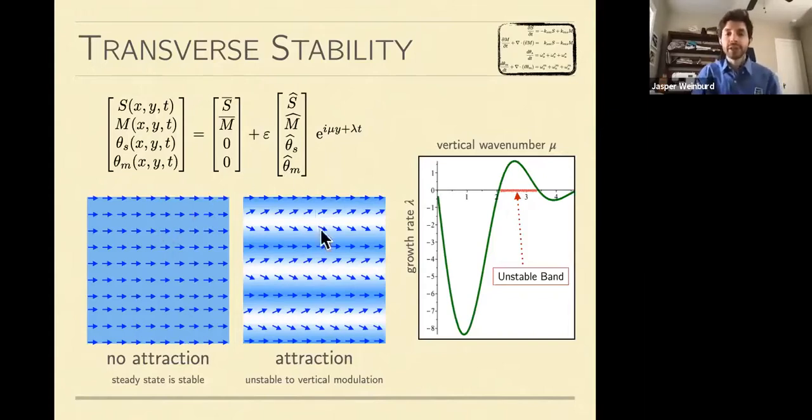If you do include the attraction term, then you find that there is a finite band of unstable wave numbers, meaning that basically this spacing is determined by where this curve is positive. This curve represents the places where the growth rate lambda is positive, and those wave numbers will grow in time from a small perturbation.